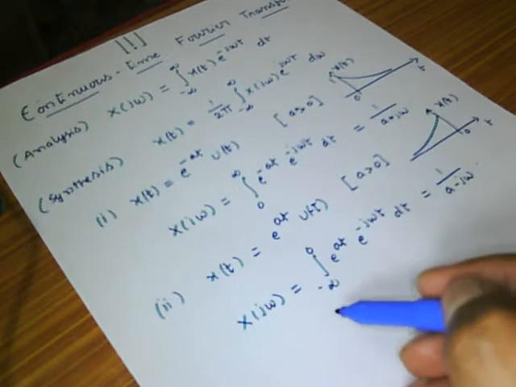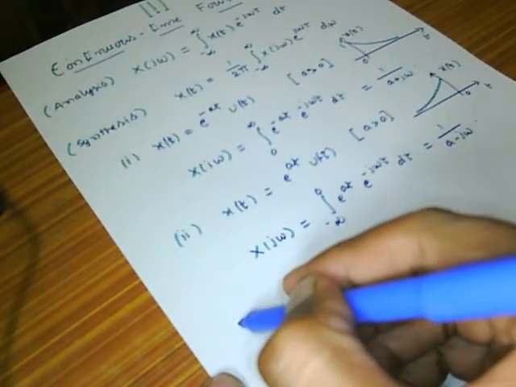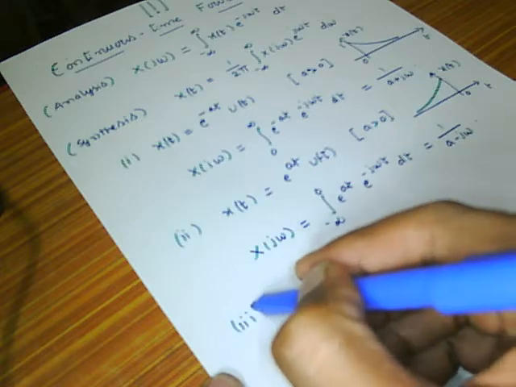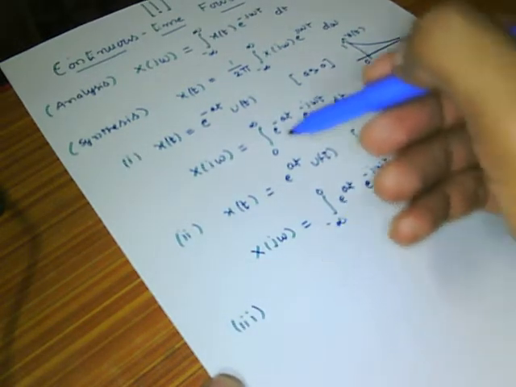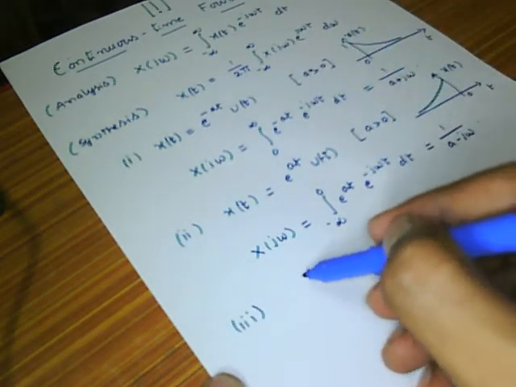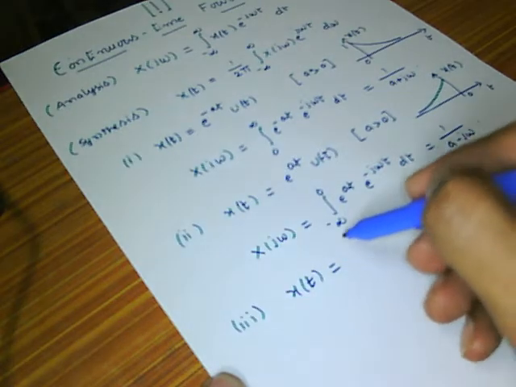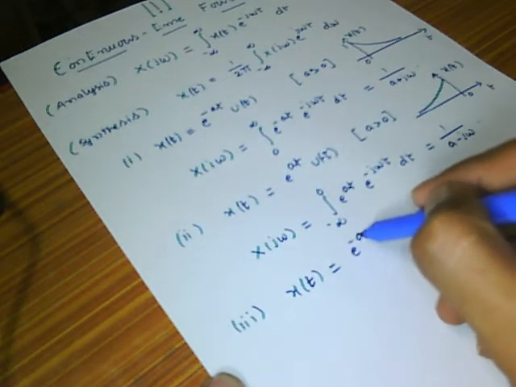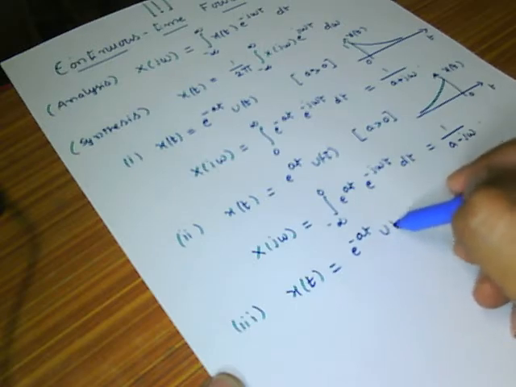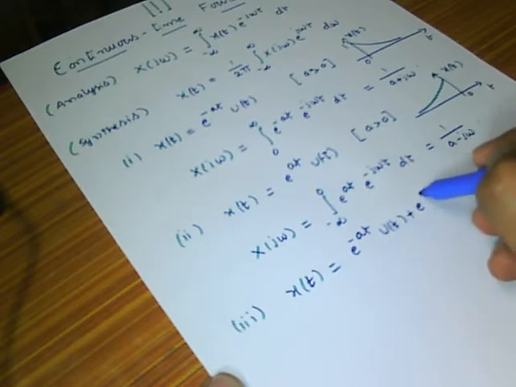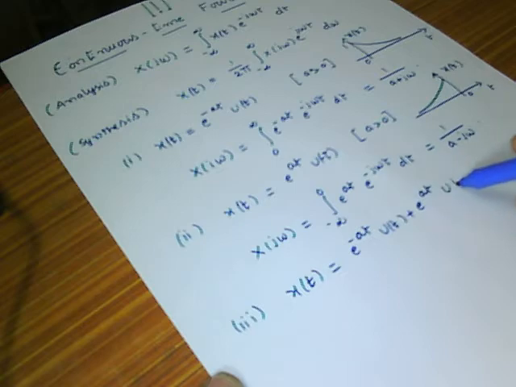Now we'll take the third example: what happens if I add the previous two signals? Now x of t is e power minus at u of t plus e power at into u of minus t.